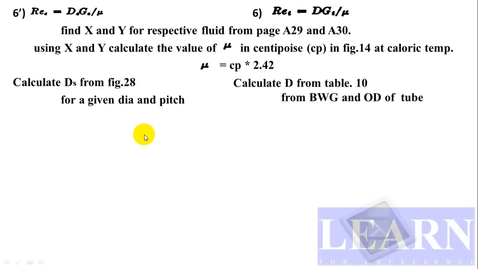Next is to calculate D for the shell side. Next is to calculate the value of D for the tube side, and in order to calculate it, we need to go to table 10 with the help of BWG and outer diameter of the tube.